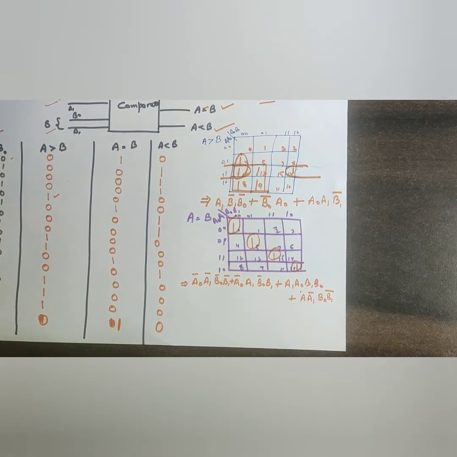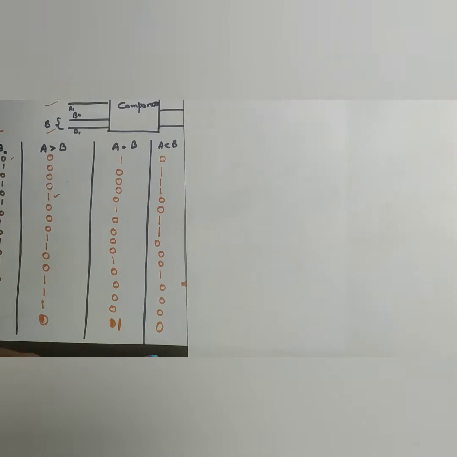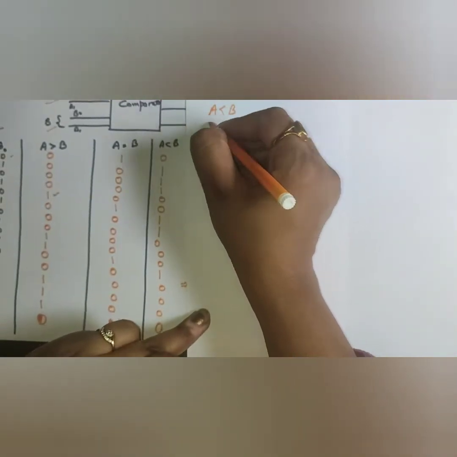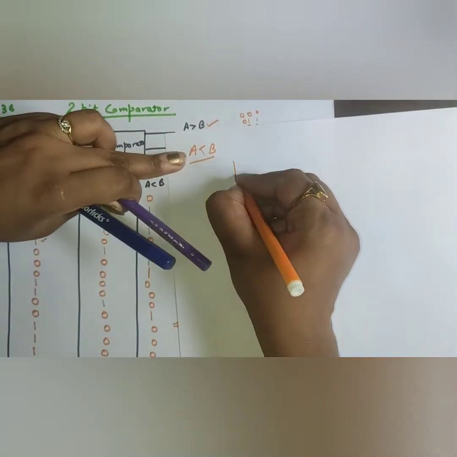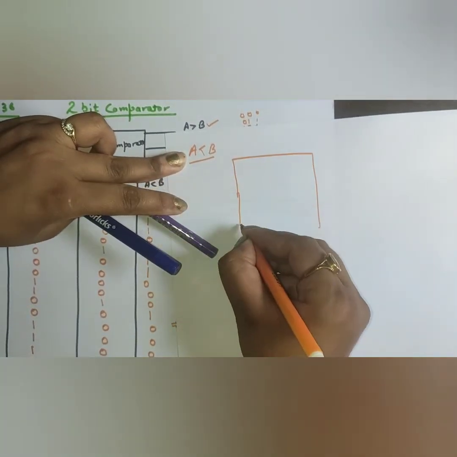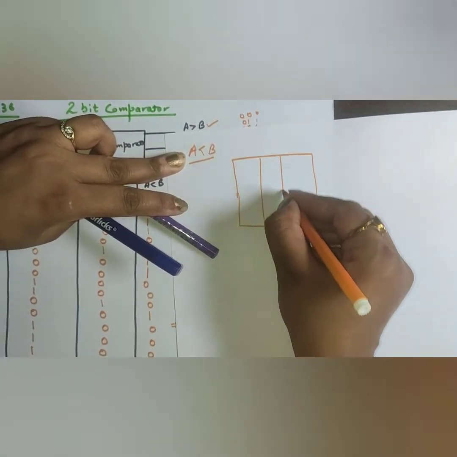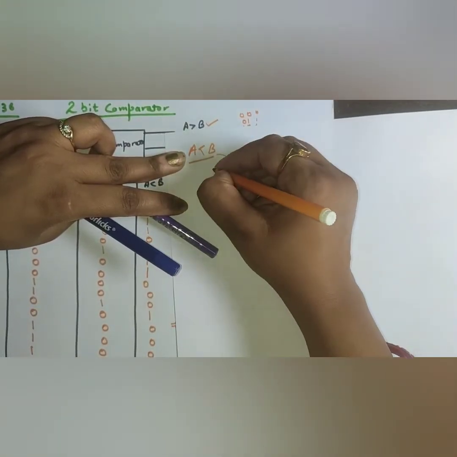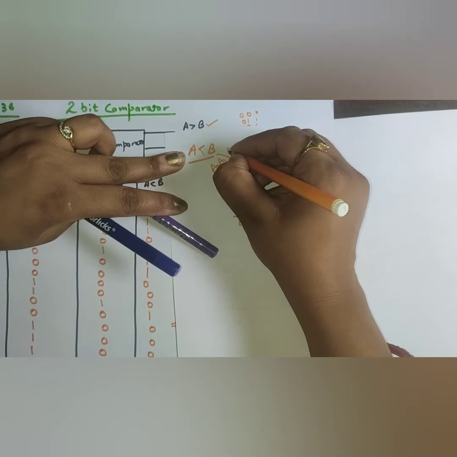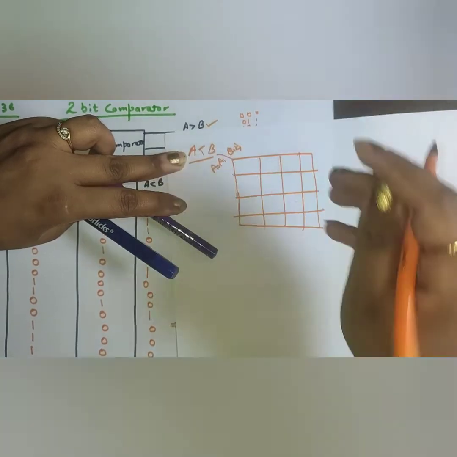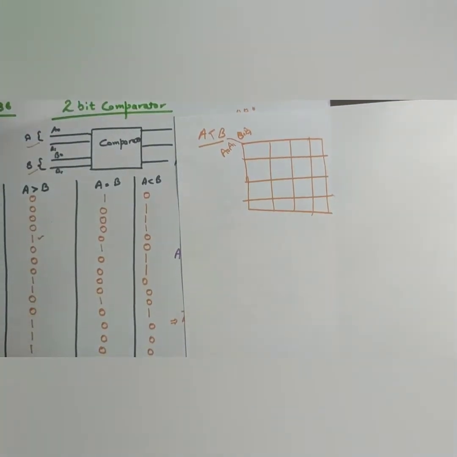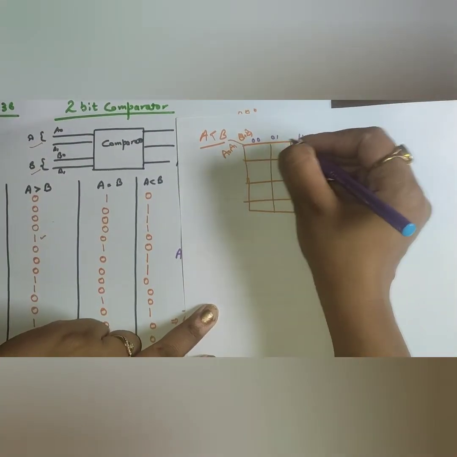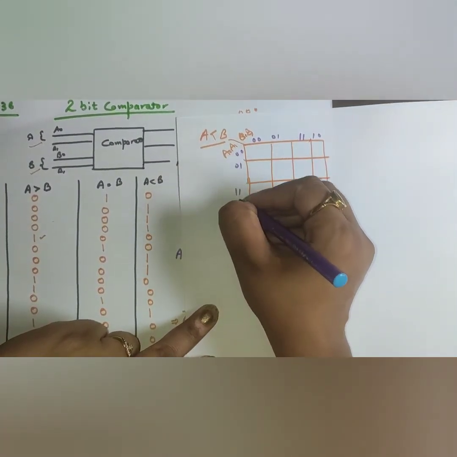Now the third condition will be A is less than B. So how can we make the equation like this? This will be A0, A1, B0 and B1. So here you can write 0 0 0 1 1 1 1 0 0 0 0 1 1 1 1 0.